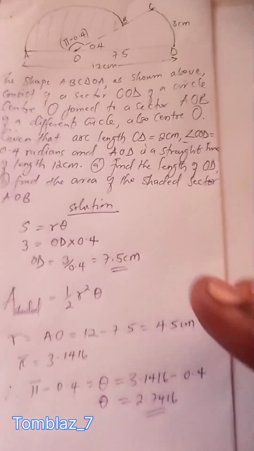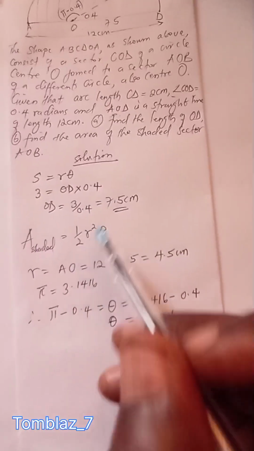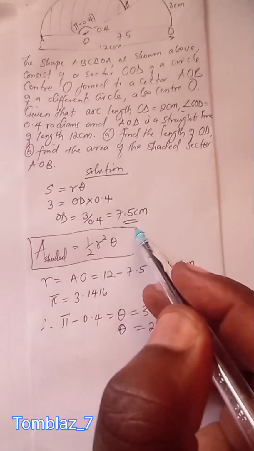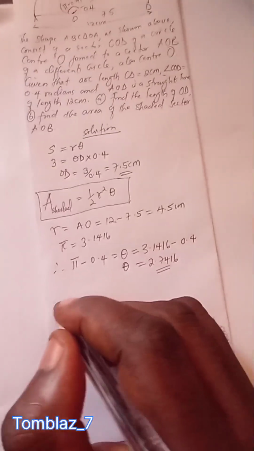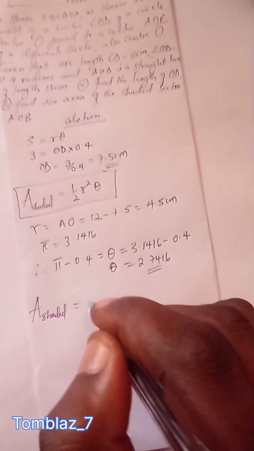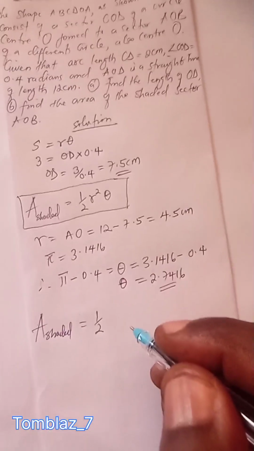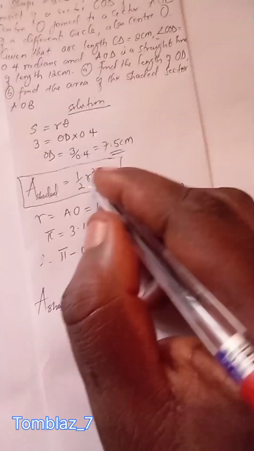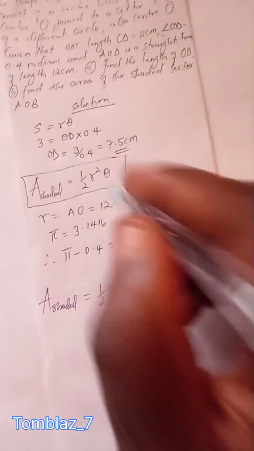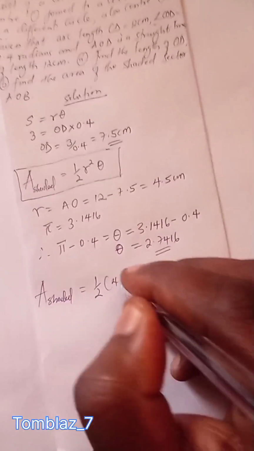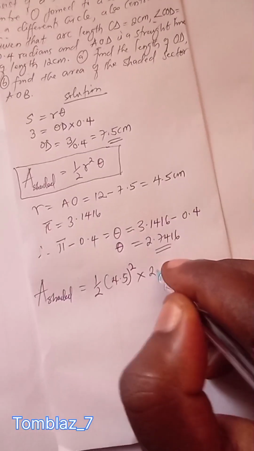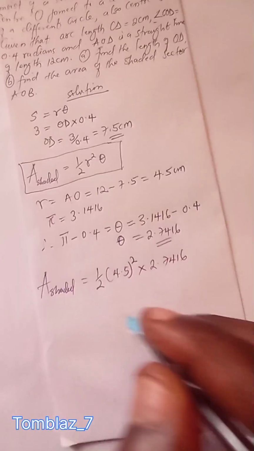Since we have gotten theta, we're going to substitute it into this equation. So let's go. Area of the shaded portion will be equal to 1 over 2, and then the radius, which is AO, will become 4.5 squared, then times our theta, which is 2.7416.